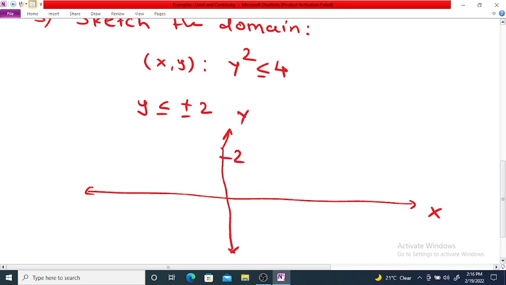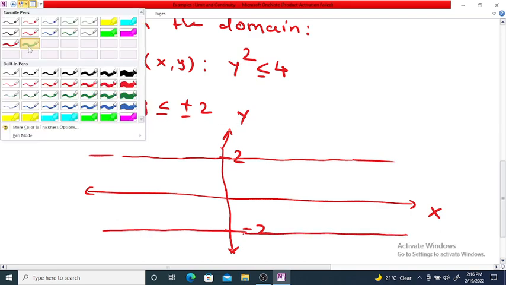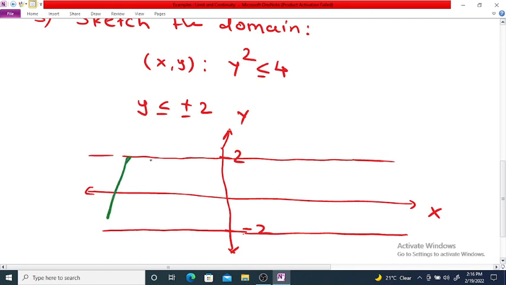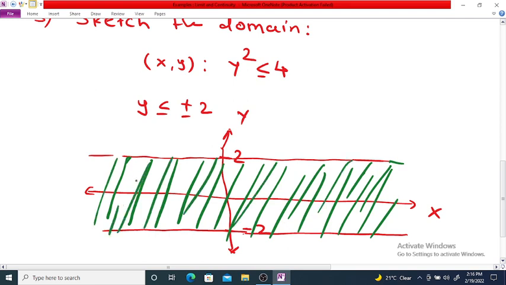Here is 2, here is minus 2. Then this part represents the domain. All these points represent the domain of the given function f. The points on the line are also included. So this is the total set of points in the domain.